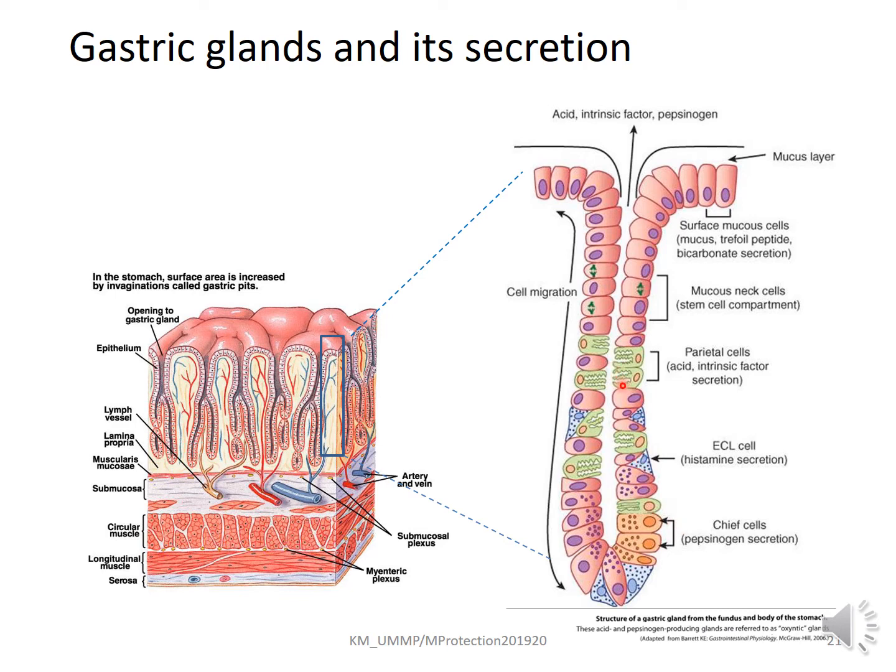These green cells are the parietal cells, also called oxyntic cells. They secrete acid and intrinsic factor. Here are the mucous neck cells, and these are the surface mucus cells that secrete mucus, phospholipid, and bicarb. So all open up into the lumen. This opening we call the gastric pit.